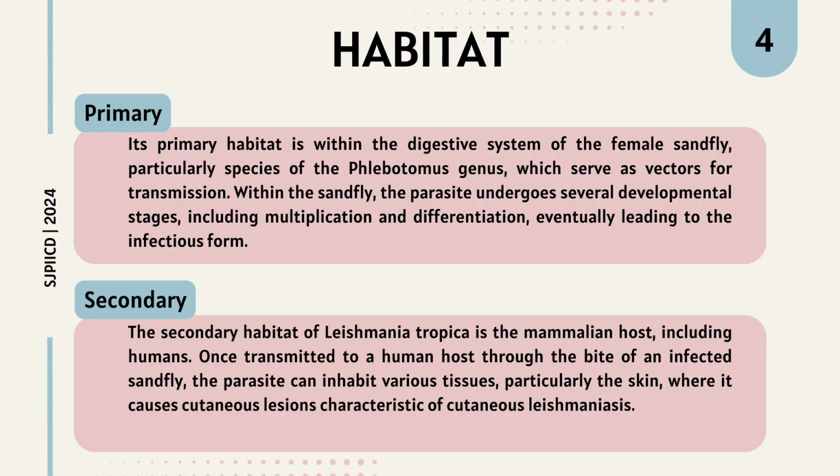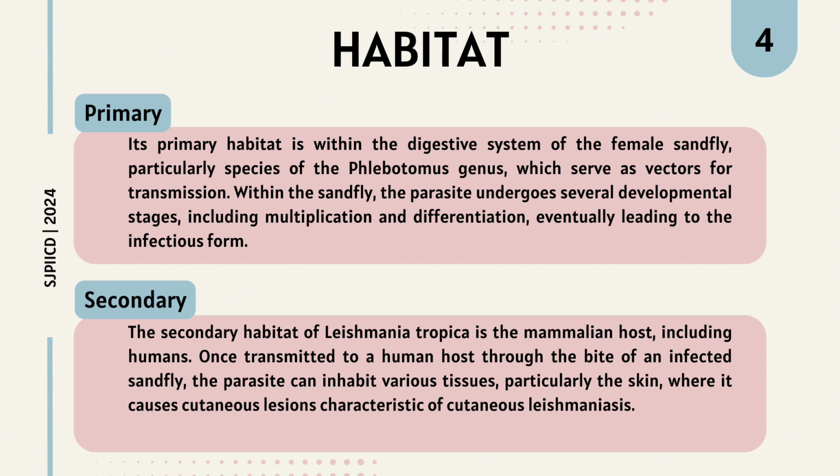Habitat. The primary habitat of Leishmania tropica is within the digestive system of the female sandfly, particularly species of the Phlebotomus genus, which serve as vectors for transmission. Within the sandfly, the parasite undergoes several developmental stages, including multiplication and differentiation, eventually leading to the infectious form.